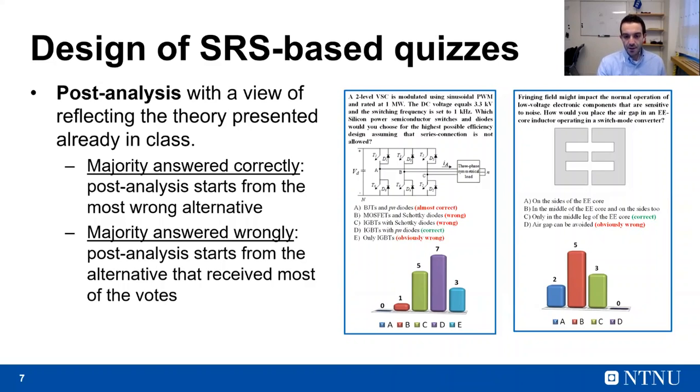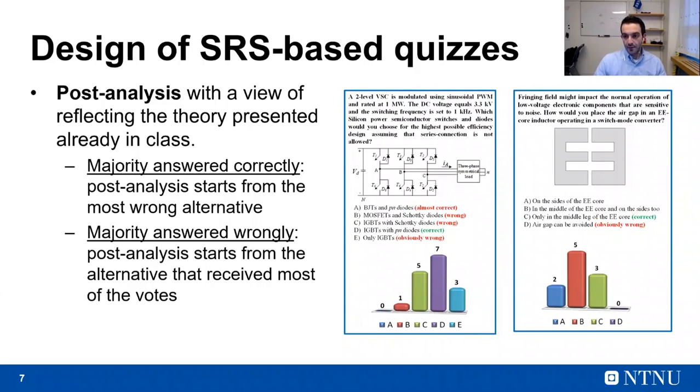As you see, in this case most of the students replied with the correct answer, that is option D. In that case, I always started the post-analysis from the most wrong alternative in order to gradually develop the concepts and theory and explanations and analysis and reach the correct option.